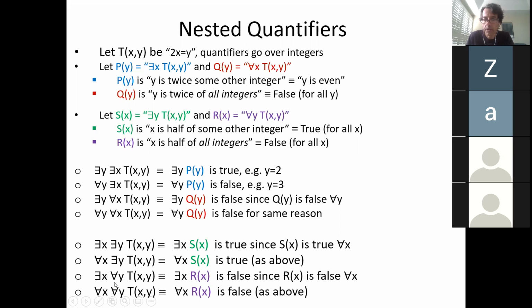And so I know how to evaluate these, right? So the lesson from this is that, first of all, you can read the sequence of quantifiers as: the inner thing is a predicate on the variable in front.